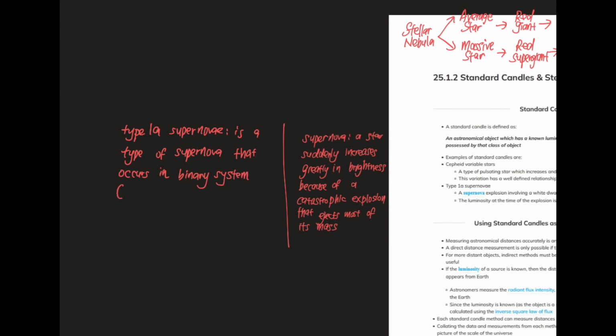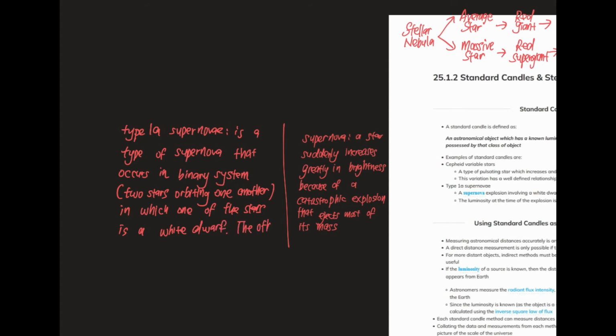Binary system means there are two stars orbiting one another, in which one of the stars is a white dwarf.